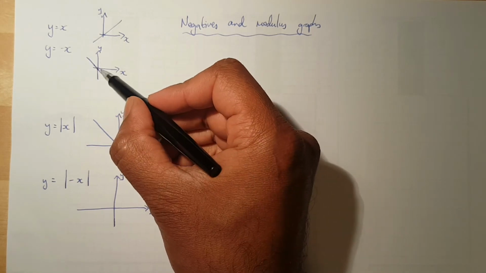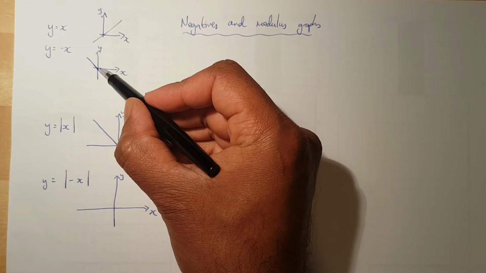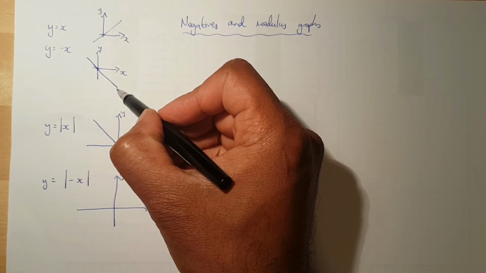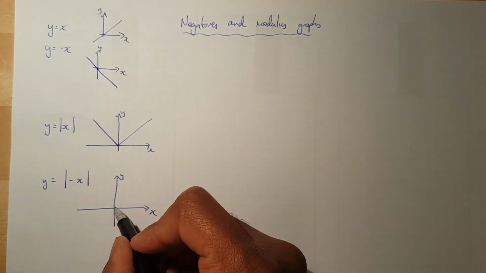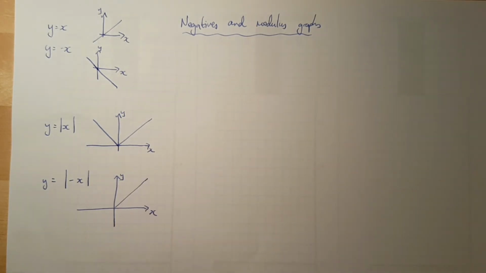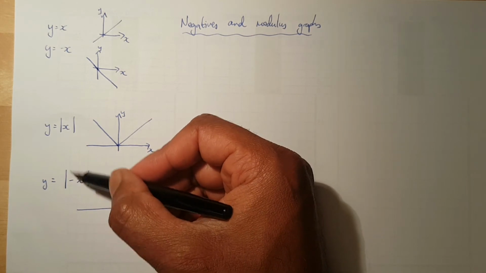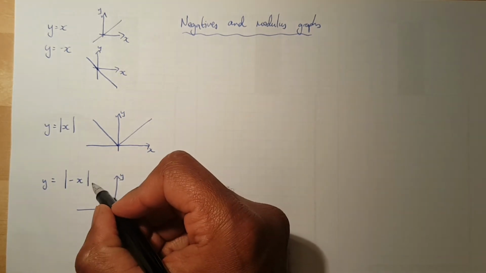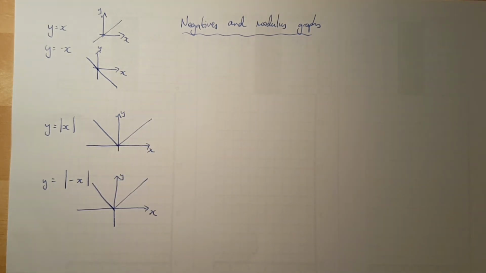So here's my y equals negative x. What's the magnitude of each of these points? As I go further negative, the magnitude of it is getting further positive. So actually it's the same as that. And on the left-hand side for negative x, if I negate that, I get a positive, and then I take the magnitude, so it is in fact exactly the same. So those two graphs are precisely the same.